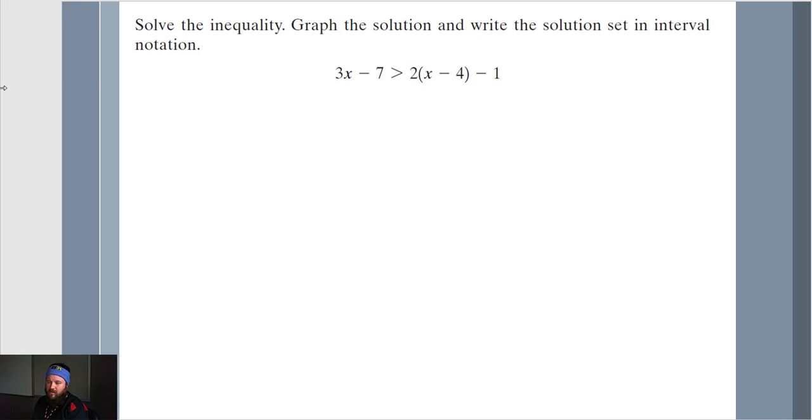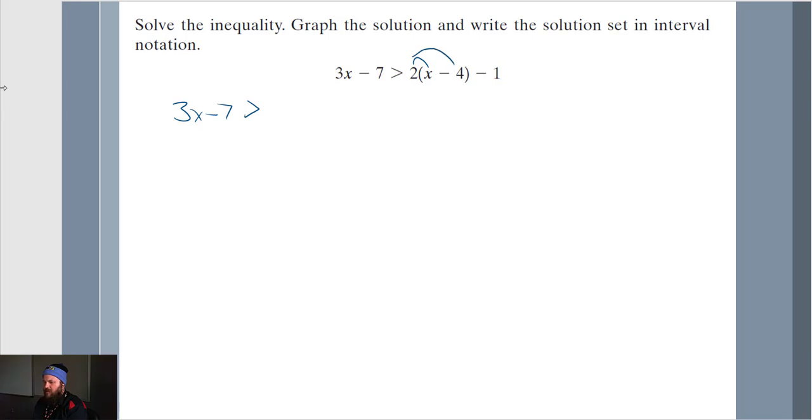So for this one, let's go ahead and do the distributive property since we have things inside of parentheses here. So we'll start out with saying we have 3x minus 7 still, nothing to do with that. I'll draw the greater than sign a little bit better. Okay. And then we're going to take 2 times x and then 2 times negative 4.